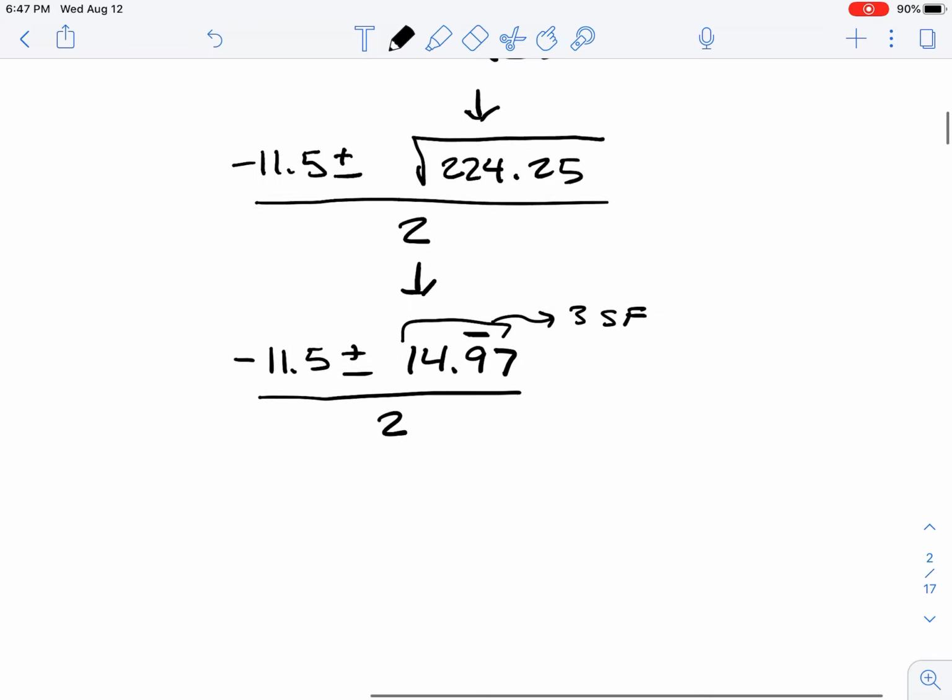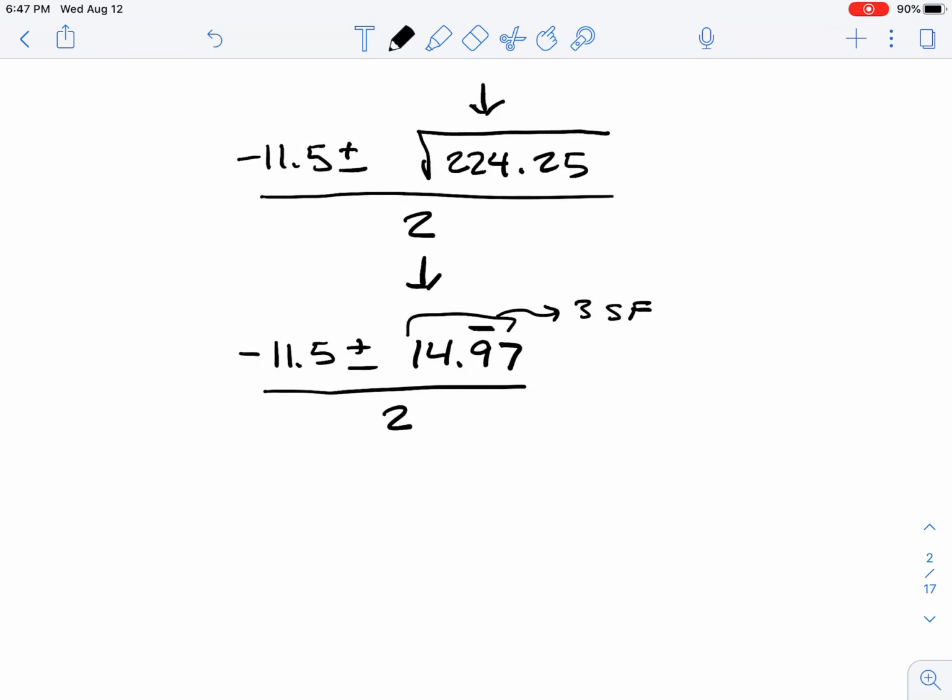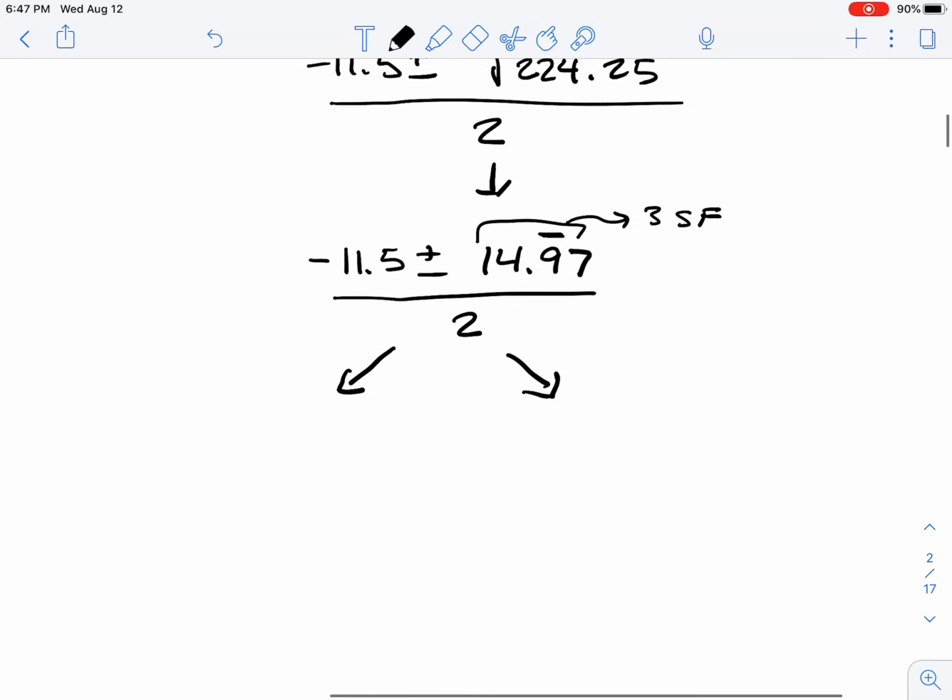Okay. So after you've reduced everything in the square root, notice how there is a plus form and a minus form. And so we're going to create 2 fractions or 2 expressions in which we have the positive form of the root and the negative form of the root.